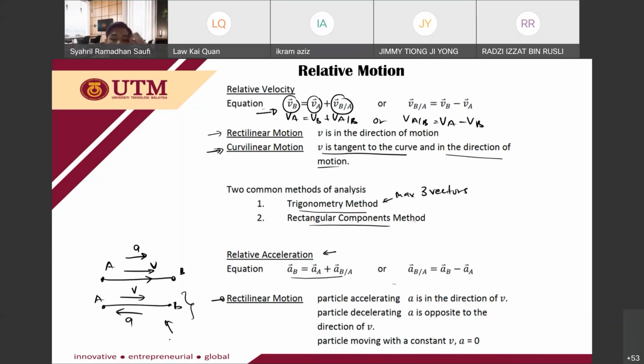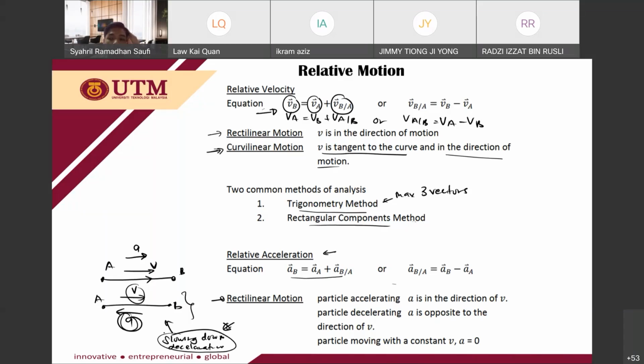Usually we will put here slowing down, or deceleration. So these are the terms that represent that A is in the opposite direction to V. You may notice these terms when you do the analysis or have problems in this chapter, to represent whether the acceleration is in the same direction as V or not.